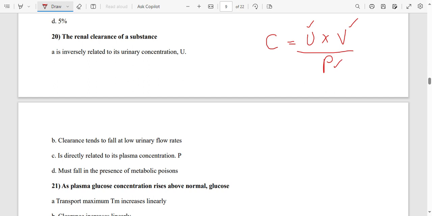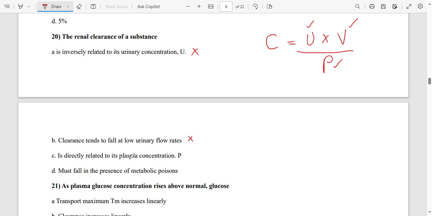So you can see clearance is not inversely related to U, it's directly related because it's on top. Okay, and then for B, clearance tends to fall at low urinary flow rates. You can see flow rate is on top, so it can't fall.